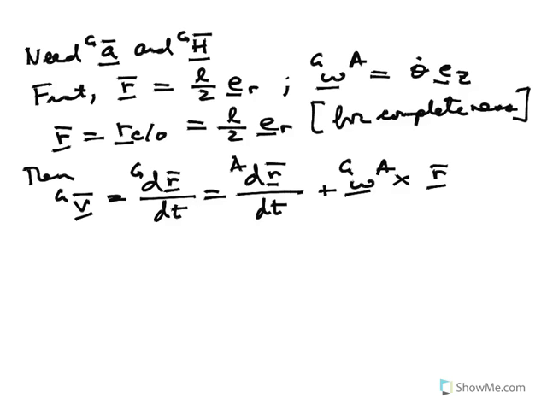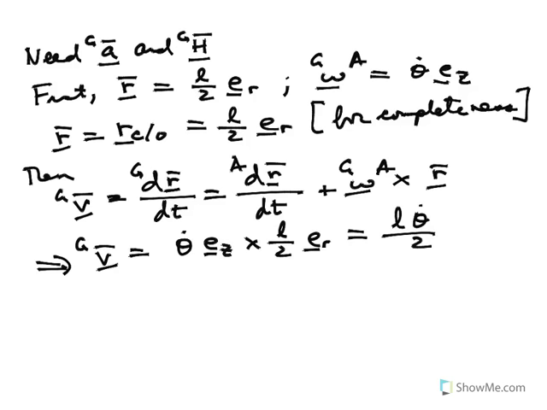And you'll see here that the first term is 0, and so that gives that the velocity of the center of mass is equal to theta dot Ez crossed with L over 2 ER, which is equal to L theta dot over 2 E theta.